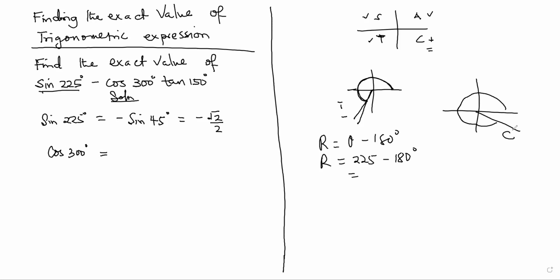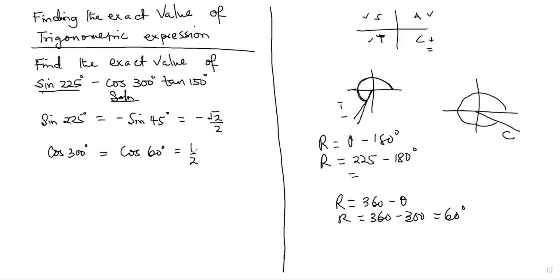Now here, cos is positive. And so what you're going to do now is that it falls in the fourth quadrant, where the reference angle is 360 minus theta. So you have 360 minus 300, which will give you 60 degrees. So it means this is the same as cos 60 degrees, and cos 60 degrees, we know, is half.